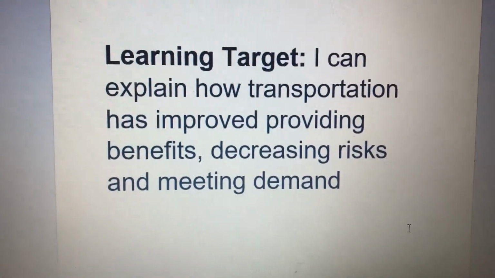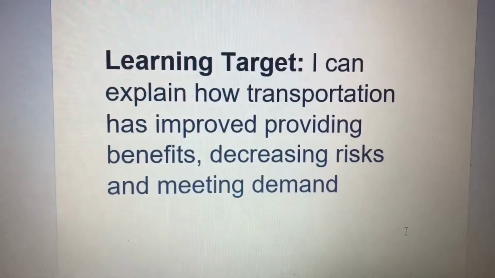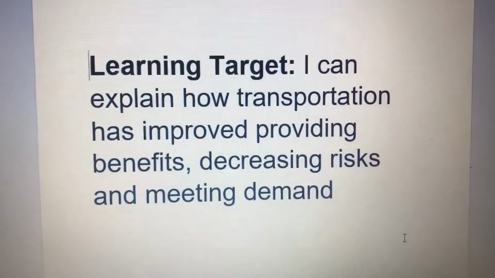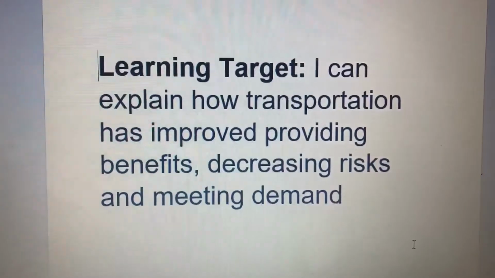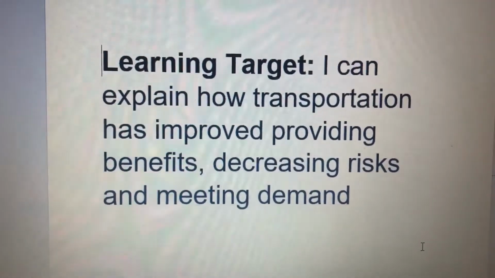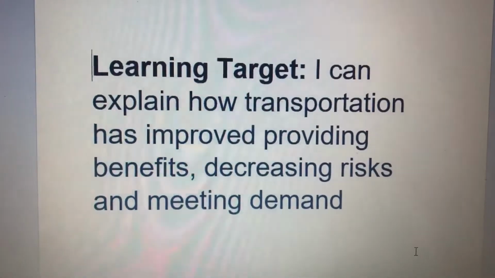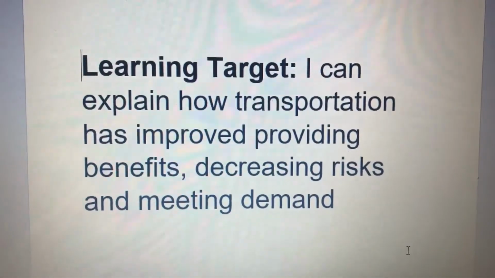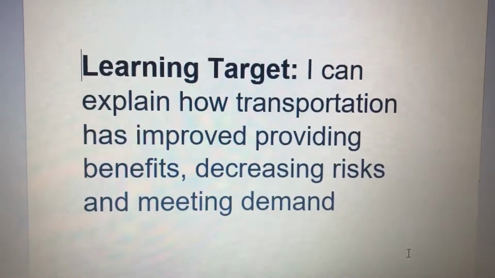So it's going to be about advancements in transportation, how it has progressed through time, okay? What was there first and what do we have today? How it has improved in safety and in the amount of money that we pay for it, how it has improved our lives, okay? So all about transportation.